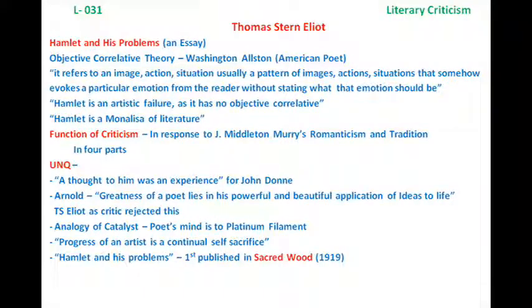But what happened by this, his madness actually aroused suspicion in the mind of his uncle Claudius. And by this we also see that Hamlet himself delayed in taking revenge. So all these things are not justified. Why did he delay in taking revenge? There is no proper excuse for this.